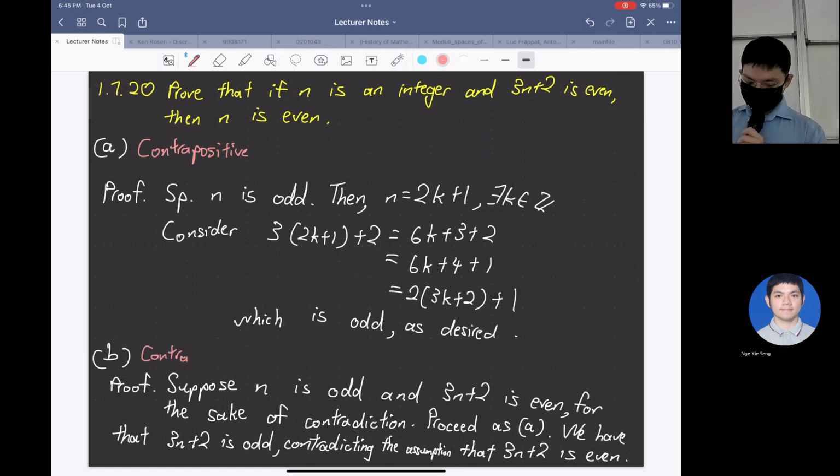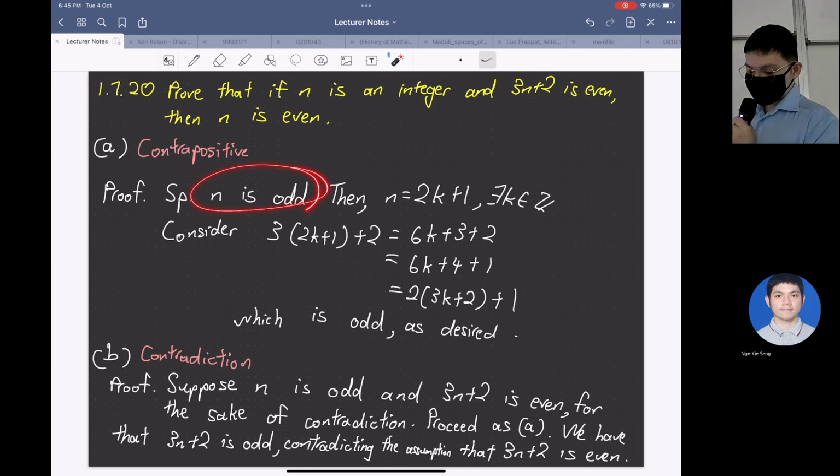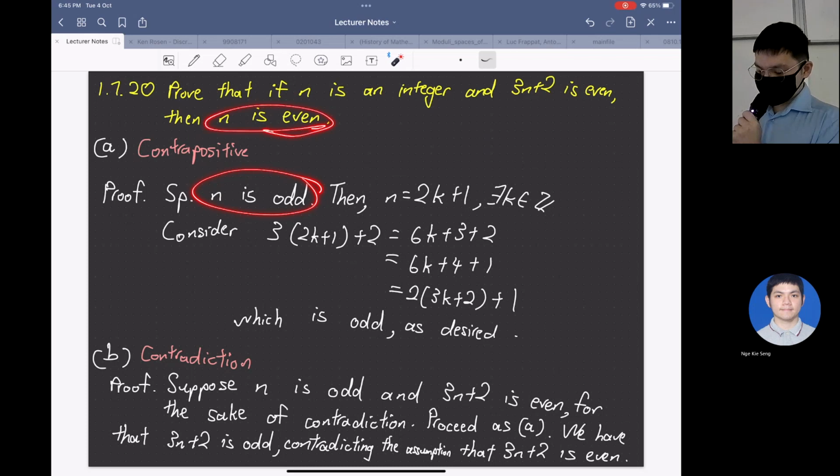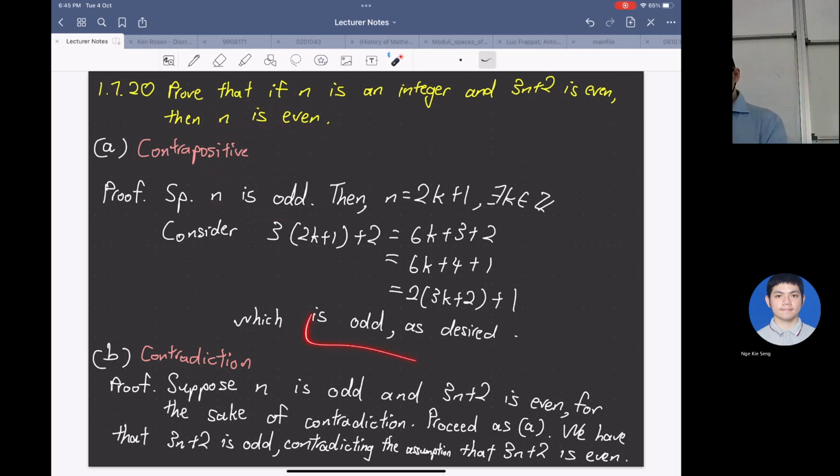From my proof, you should be able to see how I prove it. In this case, I see that it's a contrapositive, because I assume that n is odd, so I assume the negation of the result, and then I prove that the assumption is odd.